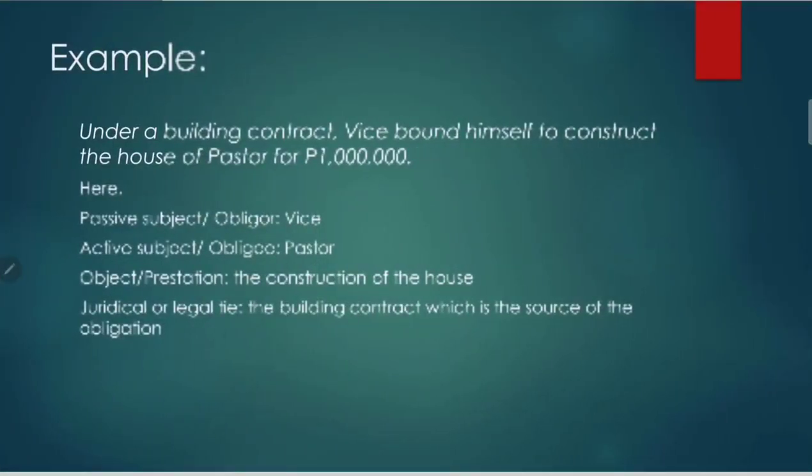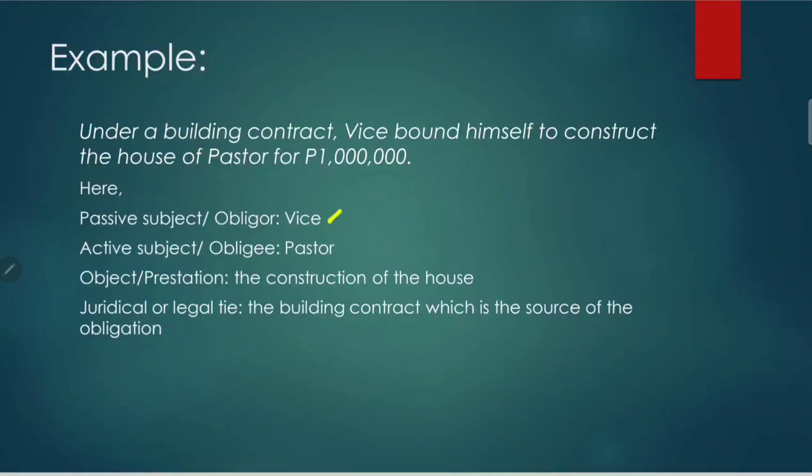So, for us to understand better, we have an example here. Under a building contract, Vice bound himself to construct the house of Pastor for 1 million. Bale, ito yung ating contract or agreement. So, dito, ang passive subject or obligor, one who has the duty to perform is Vice.